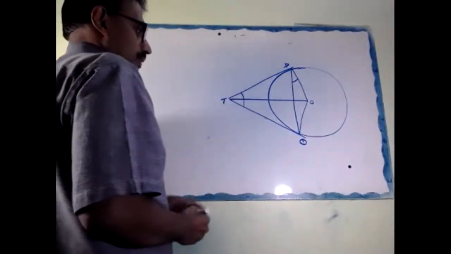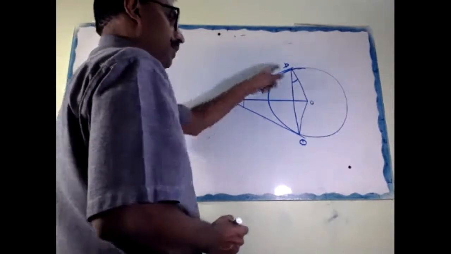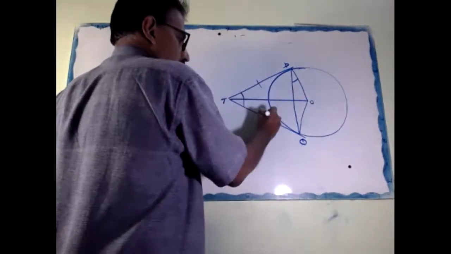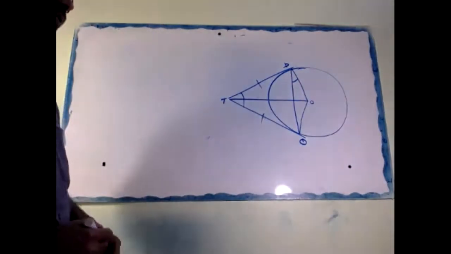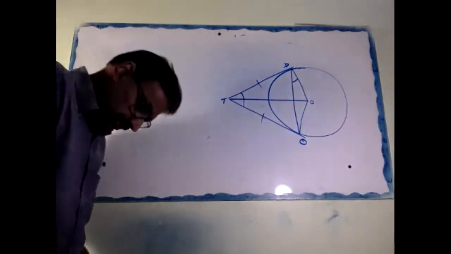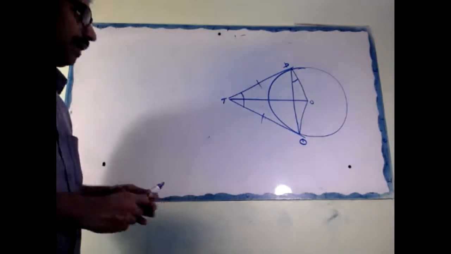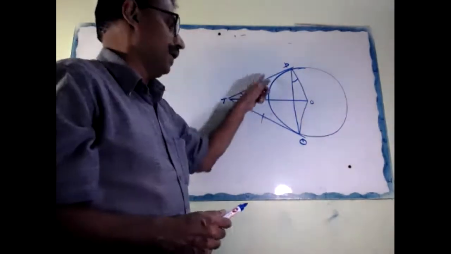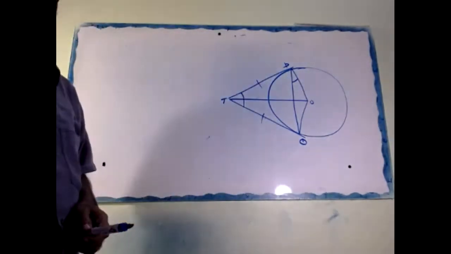Okay. Now, in triangle TPQ, this one equals this one. Tangents from an external point are equal. Therefore, angle P equals angle Q. Don't write, I'll give the note.